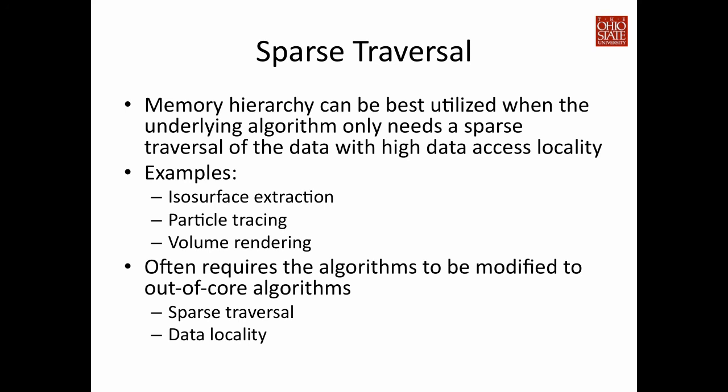For volume rendering, as you are performing ray casting, you are casting the ray according to your current ray direction, and a ray is going to touch only a small number of blocks, and you should design your algorithm to make the computation more efficient. Oftentimes, if you want to ensure sparse traversal, you need to somewhat modify your algorithm and be very conscious about what data is needed and how you can make the best use of the data that you retrieve.